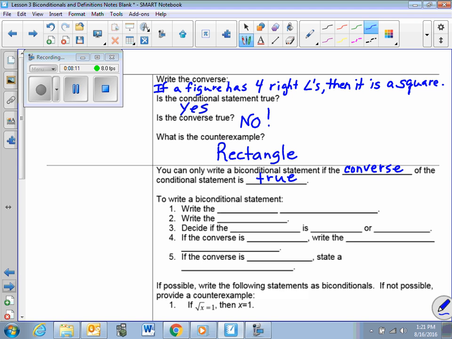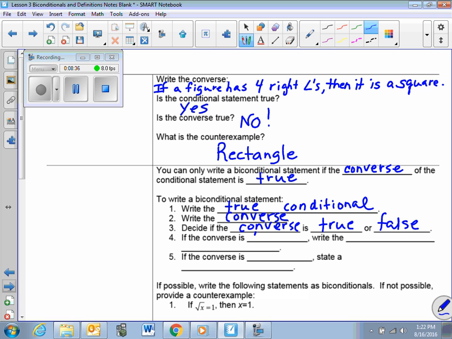So if we want to write a biconditional, write the true conditional statement. Write the converse. Decide if the converse is true or false. And guess what? If it's false, you can't do it, can you? You can't write a biconditional.